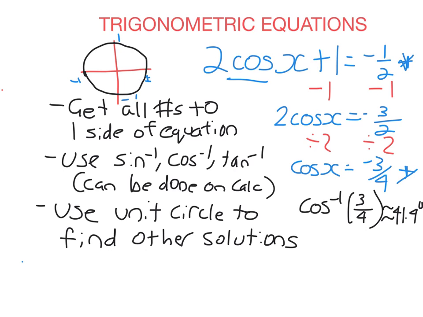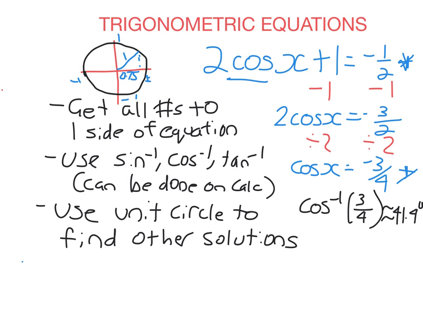So what I'm saying is that the cos inverse of 3 over 4 is 41.4 degrees. If I were to draw a triangle like this, remember cos gives us the x value, so that means that along here, radius 1, this value here is 3 over 4 or 0.75. That's the length there.